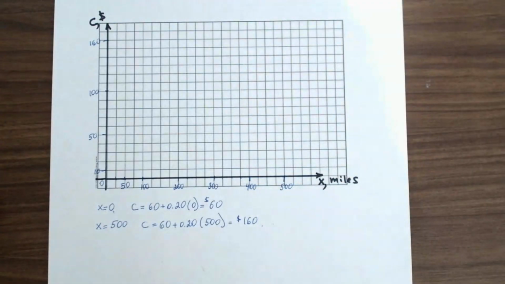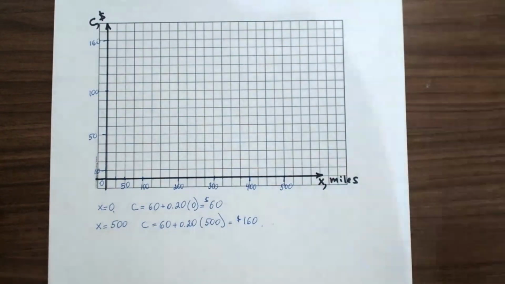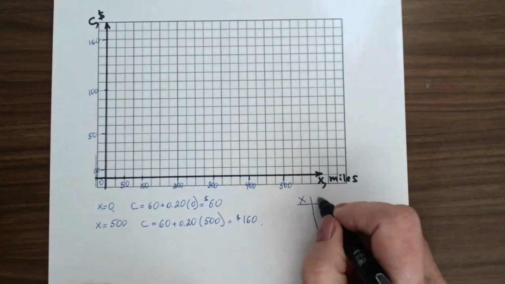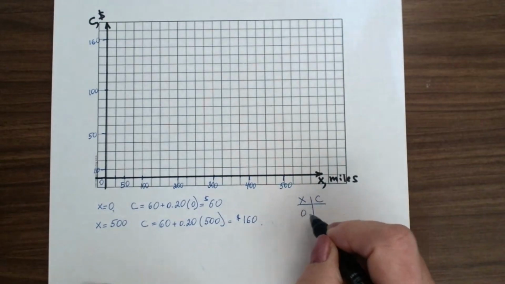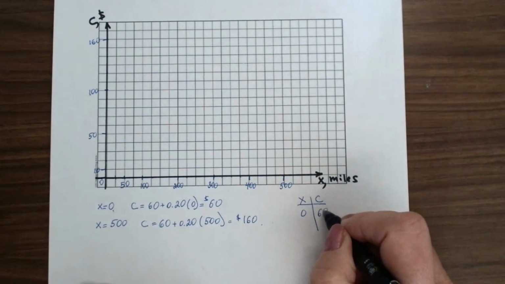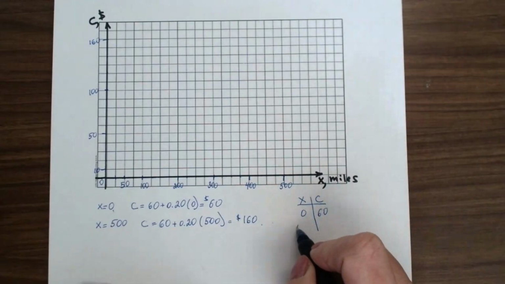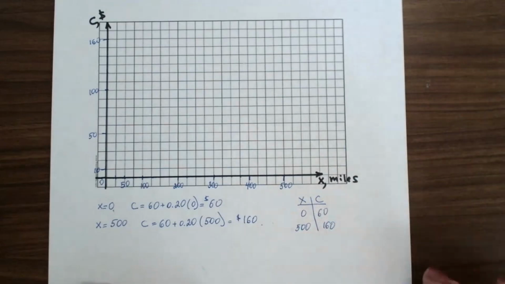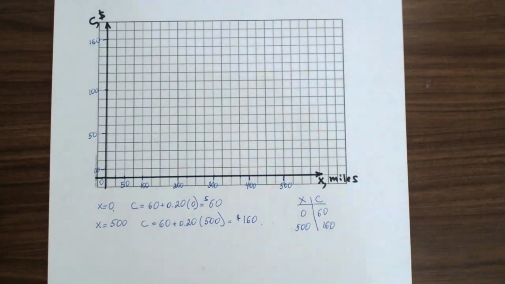Now we are ready to actually graph this equation. We have already done half of the work because we know 2 points. When x is 0, C is 60. When x is 500, C is 160. So we have 2 points.